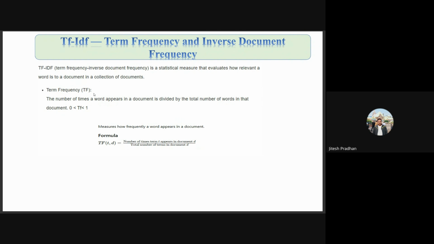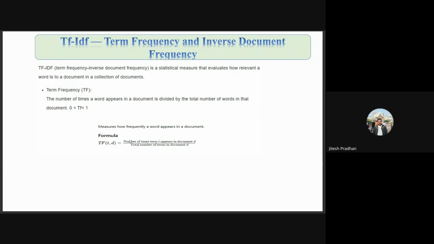So what is term frequency? Basically, term frequency is the number of times a word t appears in document d divided by the total number of terms in the document. A document means one sentence, and a collection of documents will be your entire paragraph or page. So the number of times a word appears in a document is divided by the total number of words in that document.